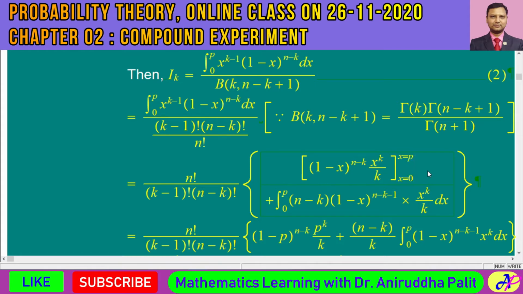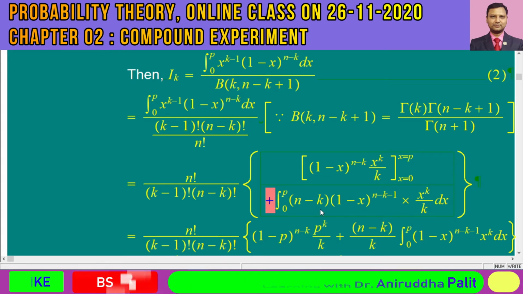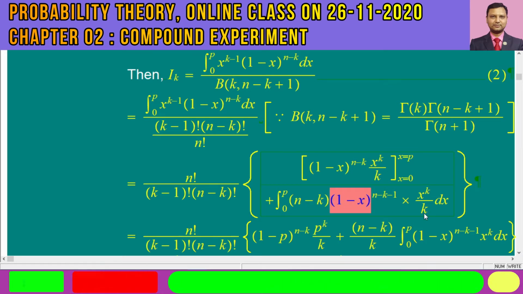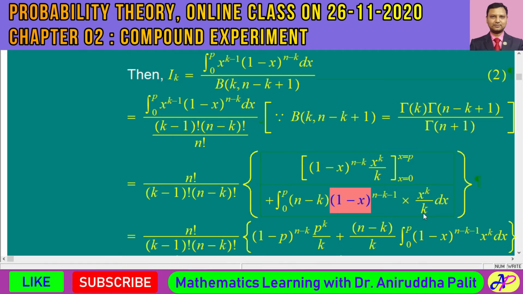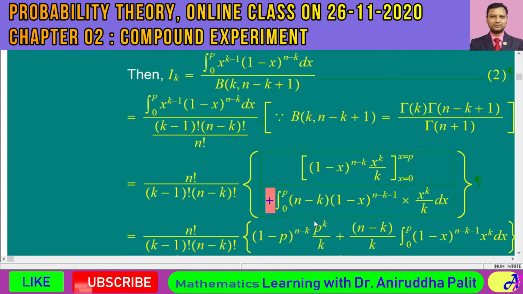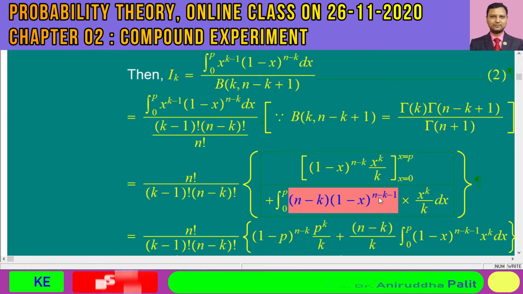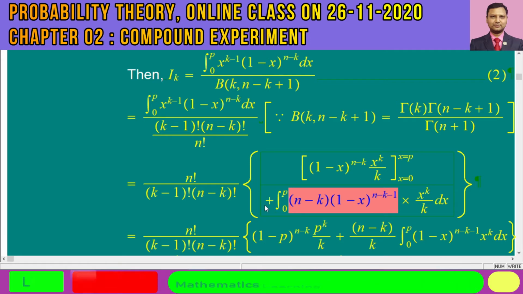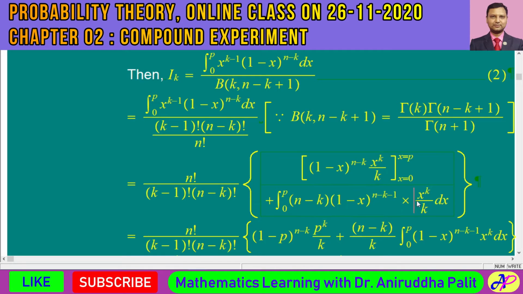Then in the next term we should get a negative sign, but due to the differentiation of the first function we have one more negative sign, and ultimately that makes the sign positive. So we have n minus k into 1 minus x to the power of n minus k minus 1, which is the derivative of the first function, with the negative sign adjusted, and this is the integral of the second function, x to the power of k by k, into dx.